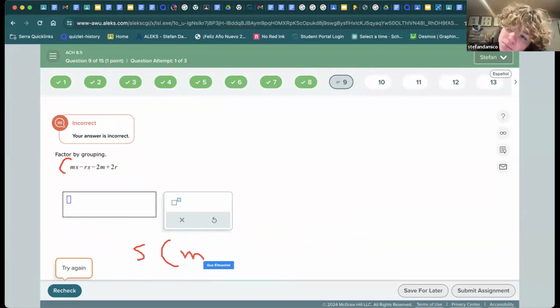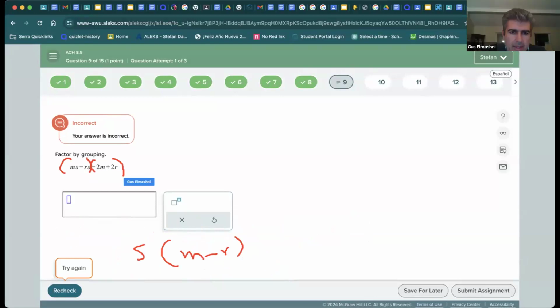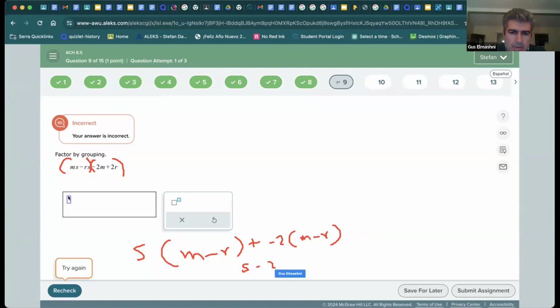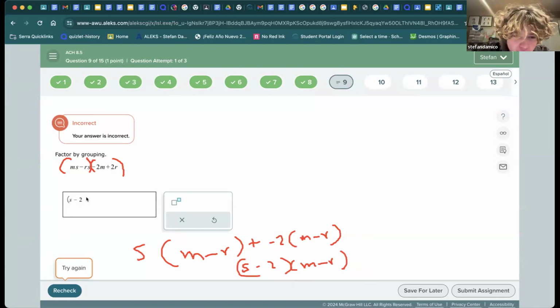So M minus R, and then take out a 2, actually a negative 2. So it's S minus 2, M minus R. It's a little bit funky one. Yeah, I didn't really know how to go with numbers like that.